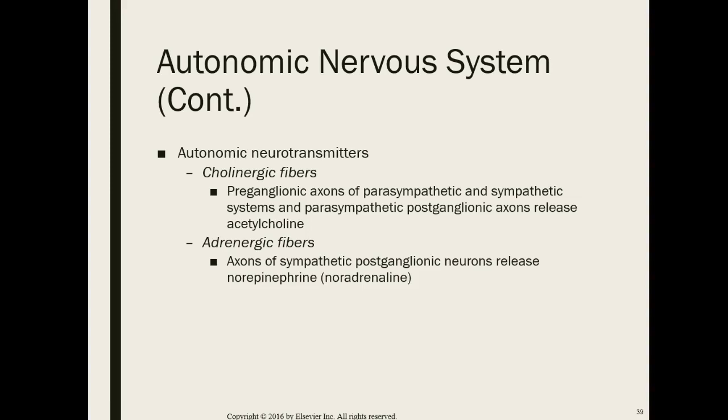So just keep in mind that all of the axons of the autonomic nervous system are going to release acetylcholine, except for the axon of the sympathetic postganglionic neurons. Those release norepinephrine.